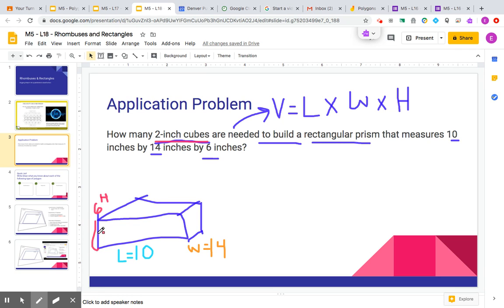If I have a total of 6 inches, and every cube I put in is 2 inches, I'm going to need 3 cubes for my height, because 3 cubes of 2 inches each equals that total of 6 inches. So my height in this problem is actually going to be 3.